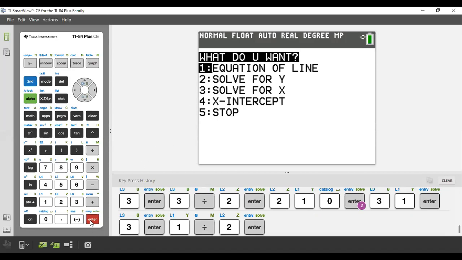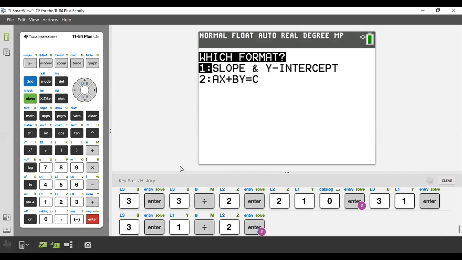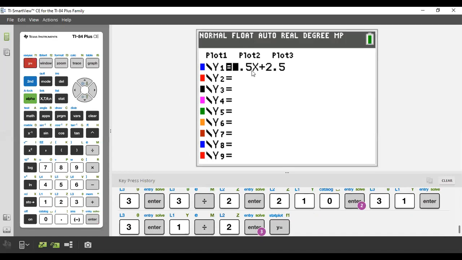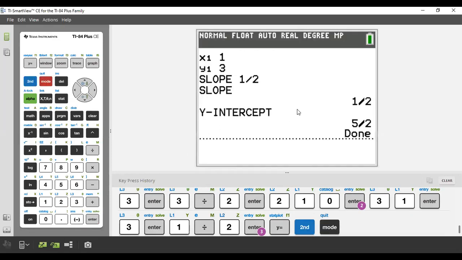We just want the y-intercept. So the y-intercept is 5/2, or 2.5. And by the way, whenever you run this program, it also will calculate and put the equation here. So you could either grid in 2.5 or you can grid in 5/2, whichever one you want to do.